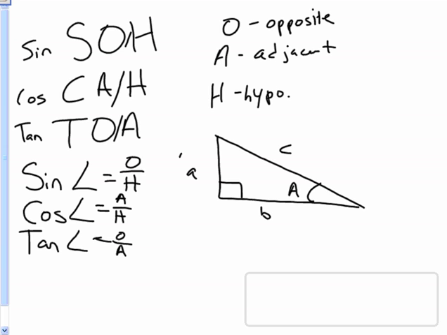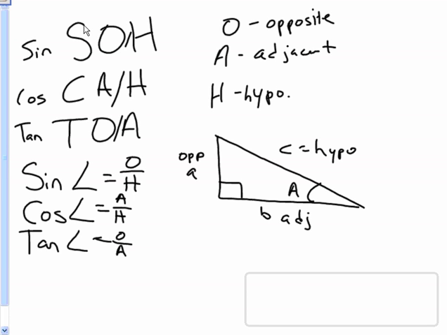A. This is opposite. Which one's adjacent to it? Well, B and C are both adjacent to it, but one of these is the hypotenuse. I know this is the hypotenuse because it's across from the right angle. So this is the adjacent. So if I was doing this equation, that would be the opposite, that would be the adjacent, that would be the hypotenuse.